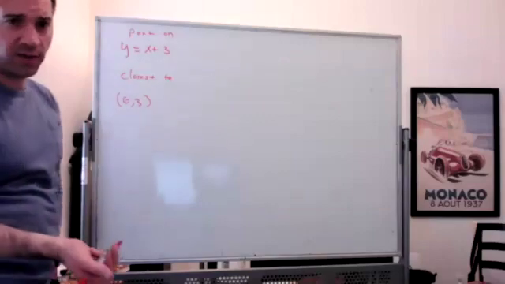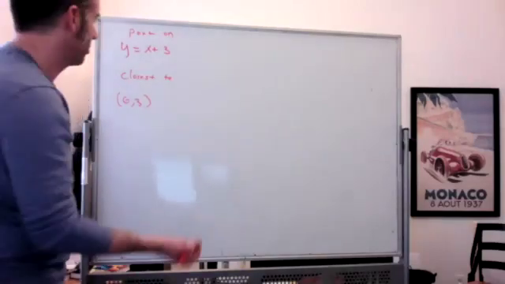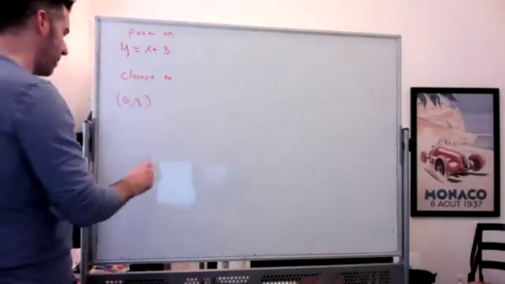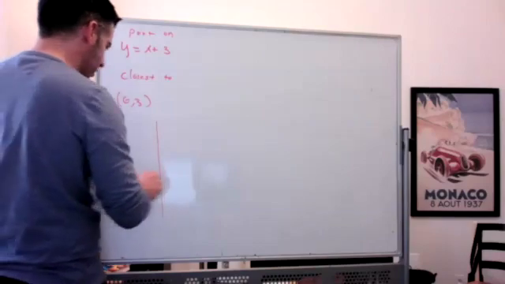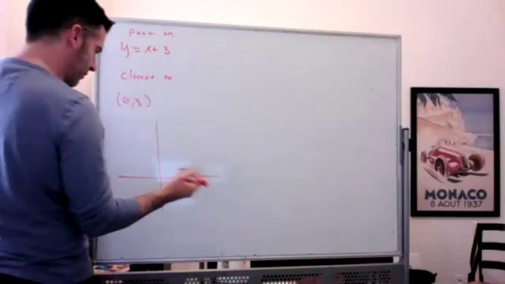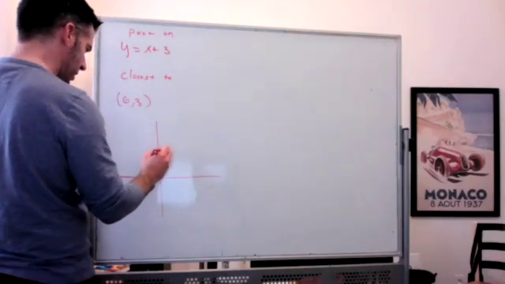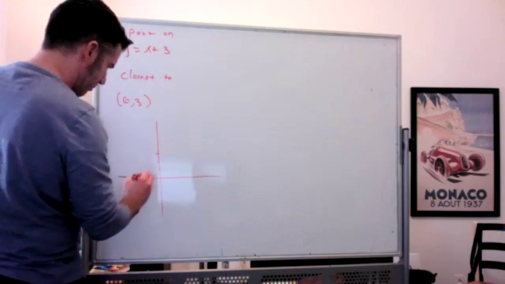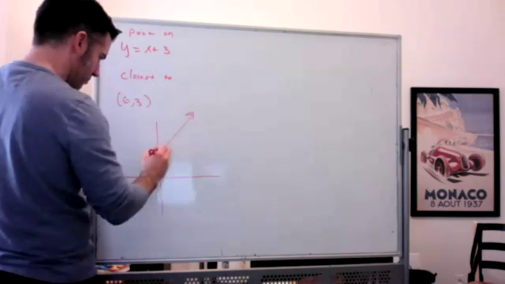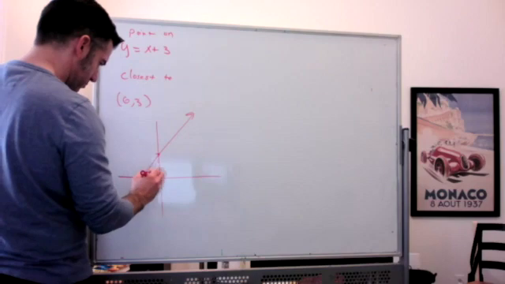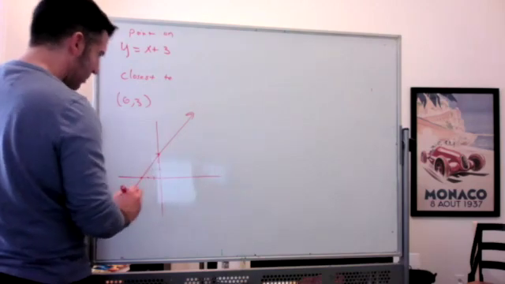You don't have to draw a picture, but I find it helpful to draw a picture. So the line y equals x plus 3 has a y-intercept of 3 and an x-intercept of negative 3.